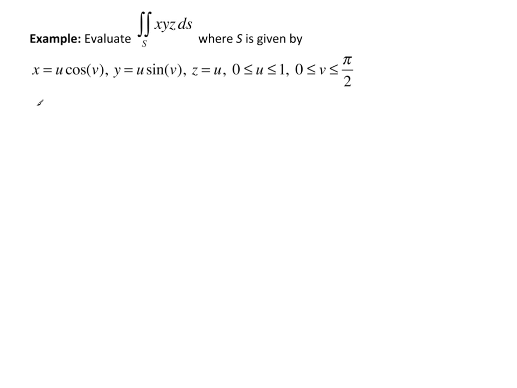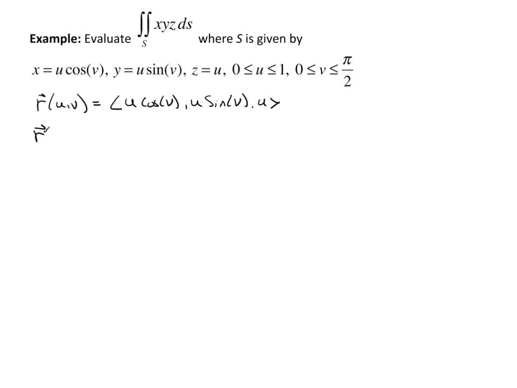So from this, obviously, my parameterized surface r(u,v) is going to be u cosine v, u sine v, and u.